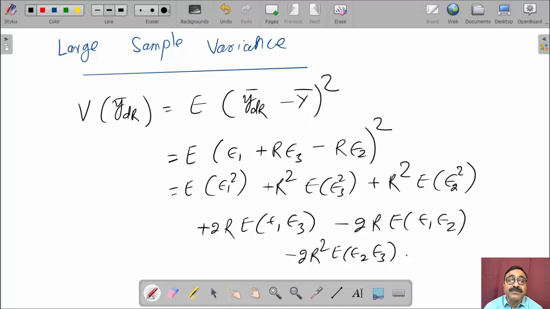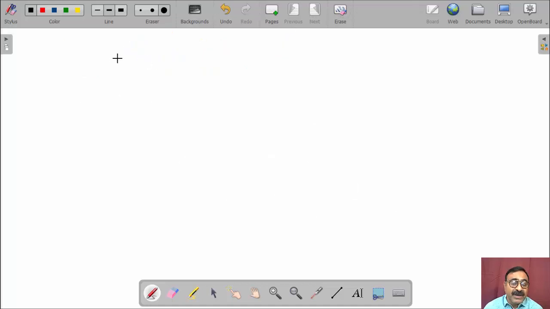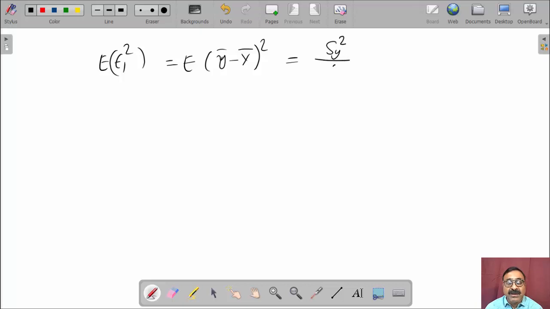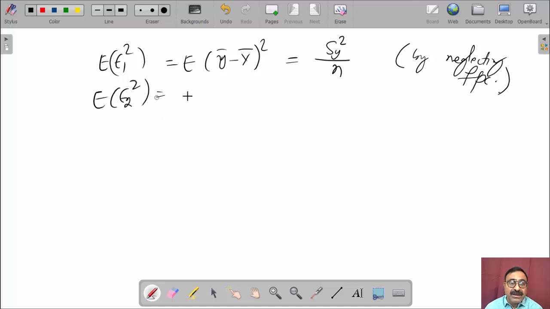So now we can see that expectation of epsilon 1 square, that is equal to expectation of (small y bar minus capital Y bar) whole square, that is equal to Sy square by n, by neglecting finite population corrections. Expectation of epsilon 2 square, that is equal to expectation of (x bar minus X bar) whole square, that is equal to Sx square by n.